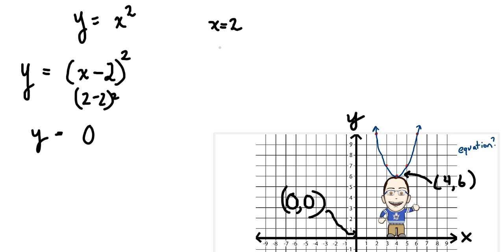Whoa. But what if x equals minus 2? That would become minus 2 minus 2. You need to note your integers. That would be minus 4 squared, and that would produce 16.